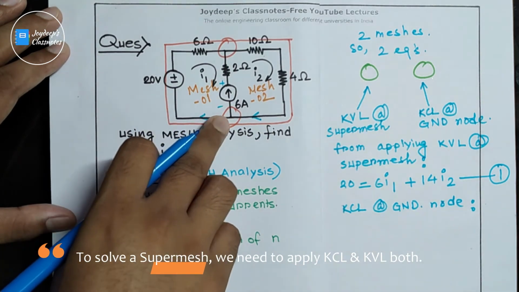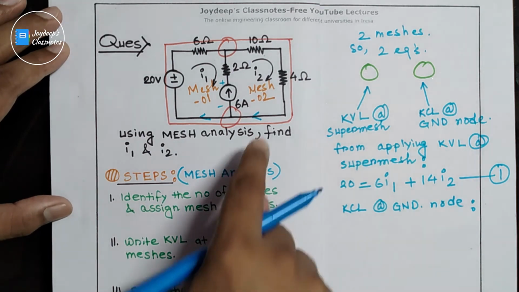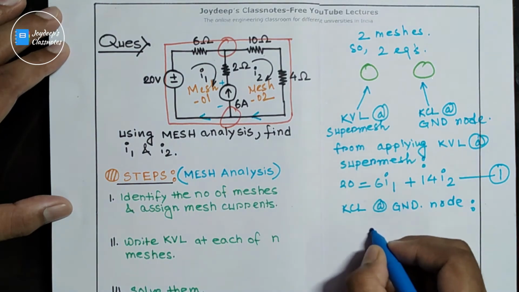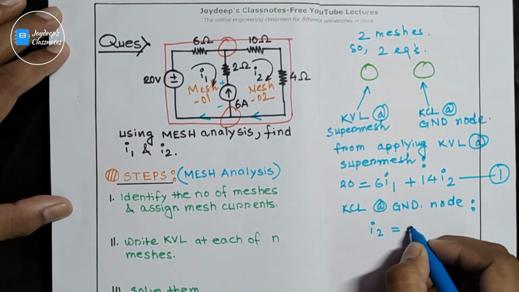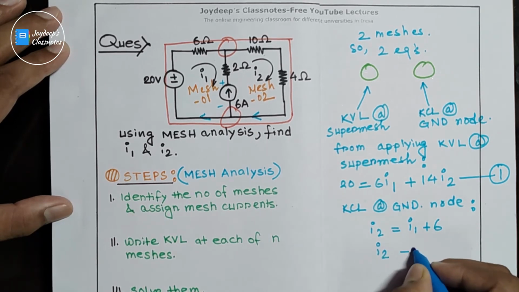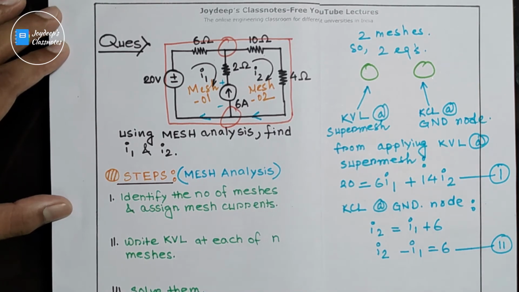Incoming current is equal to outgoing current. Incoming current is only I2, and outgoing current is I1 and 6 amperes. So our equation will be I2 is equal to I1 plus 6. That means I2 minus I1 is equal to 6. This is our equation 2.